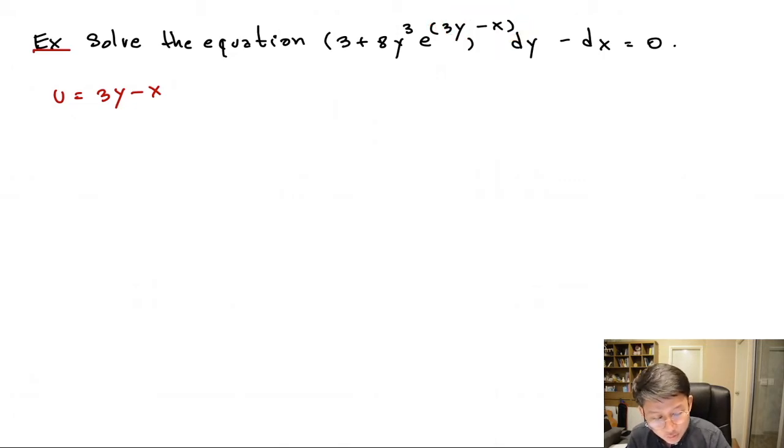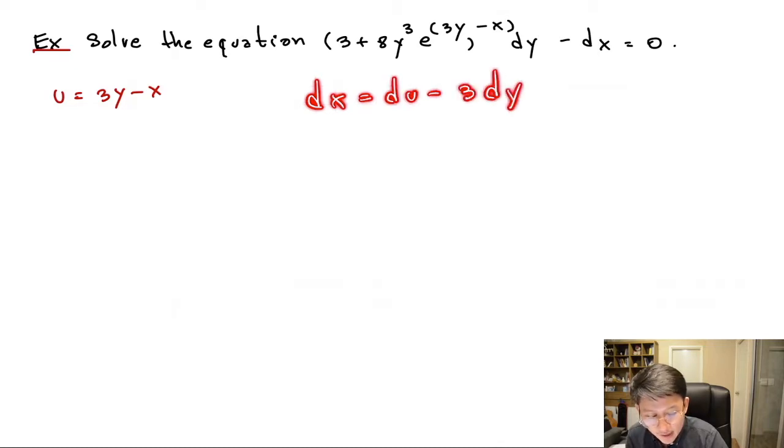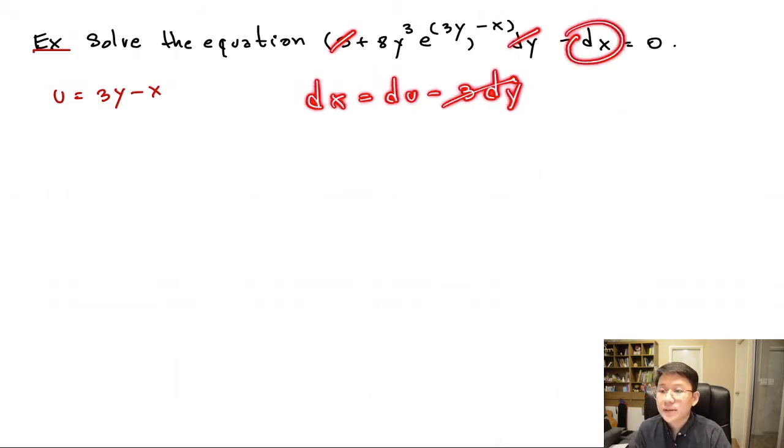And then dx will be just du minus 3dy, and this 3dy will be cancelled out from this dx. See? So maybe substituting u for 3y minus x might be a good idea.